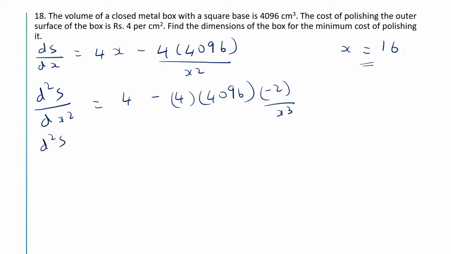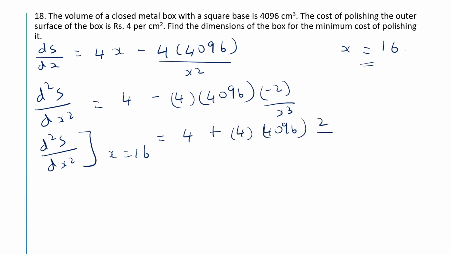Now d square S by dx square at x is equal to 16 equals 4 plus 4 into 4096 into 2 divided by 16 cube. This is greater than 0, which means x is equal to 16 is a point of local minima.